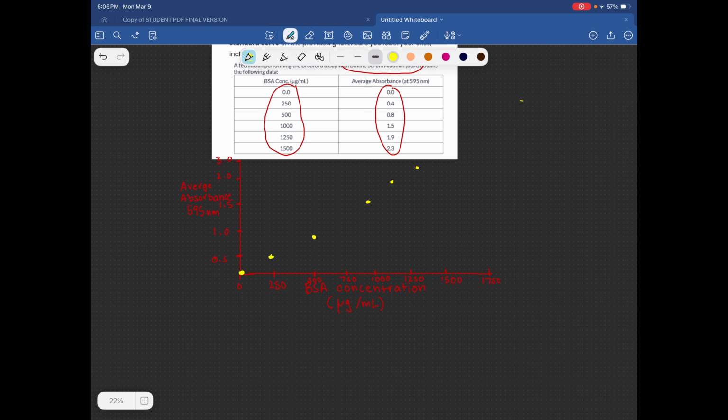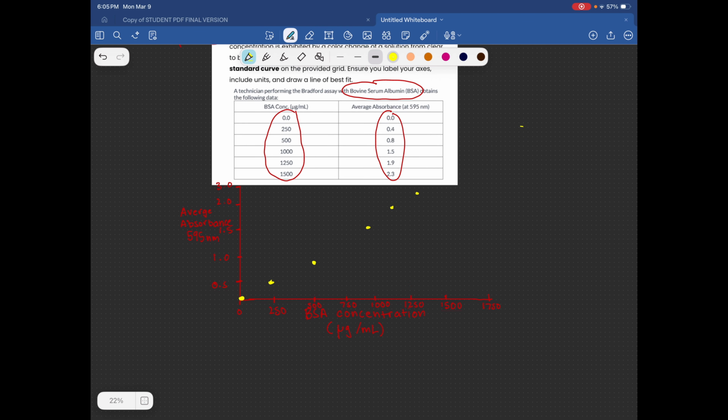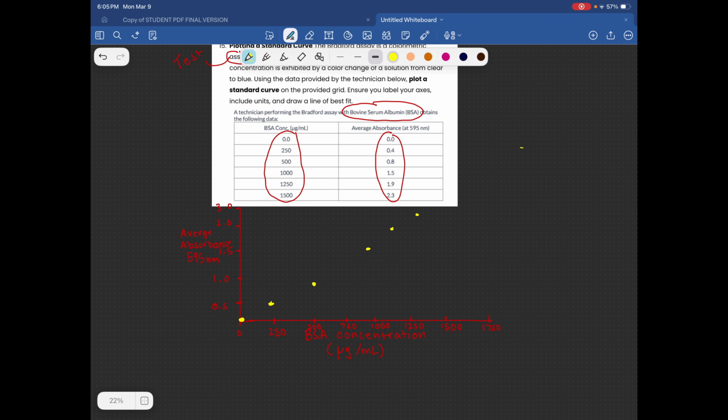So now that we've plotted our points, we have to draw a line of best fit. It says draw a line of best fit. This doesn't necessarily need to touch every single point perfectly. Instead, it's going to be a straight line that averages out the data to show an overall trend.